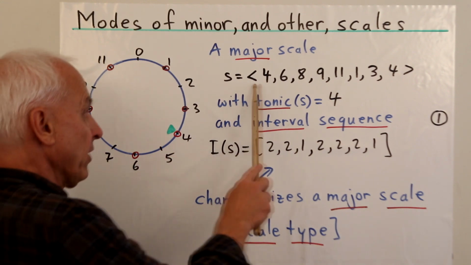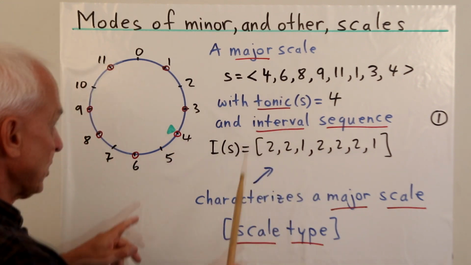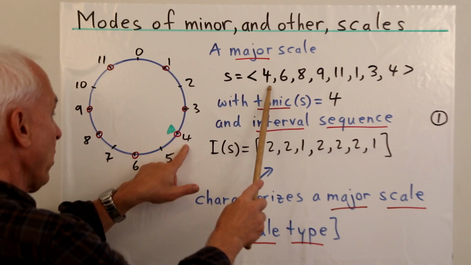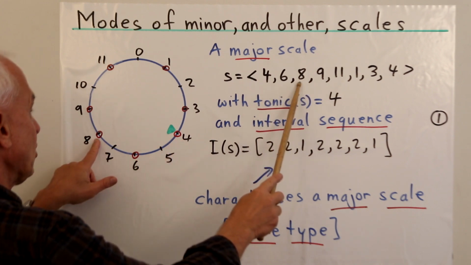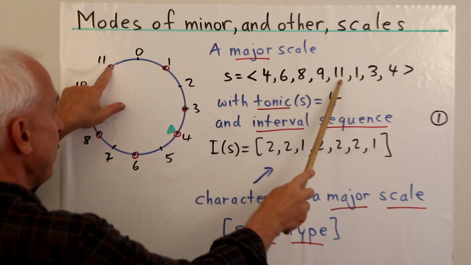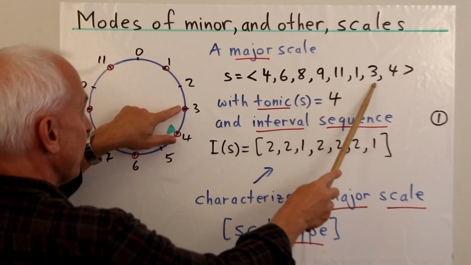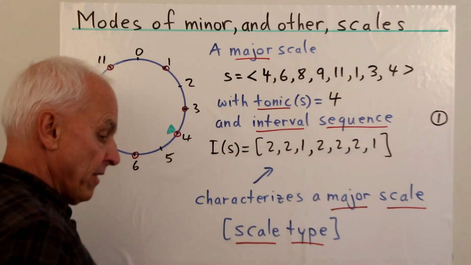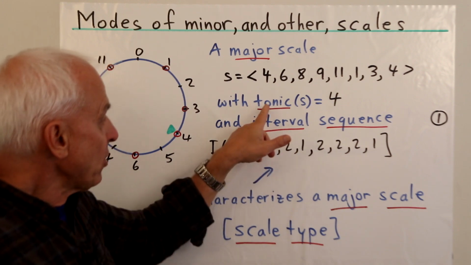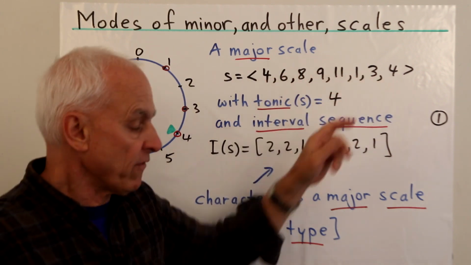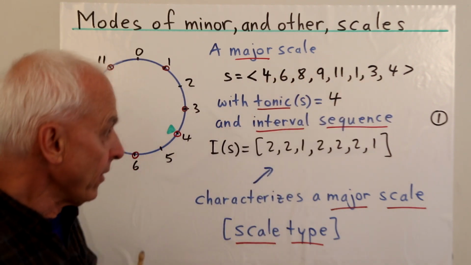So for example, here is a major scale consisting of the tones 4, 6, 8, 9, 11, 1, 3, and 4, so that the initial and the final points are the same, and we call that particular initial and final point the tonic of the scale.